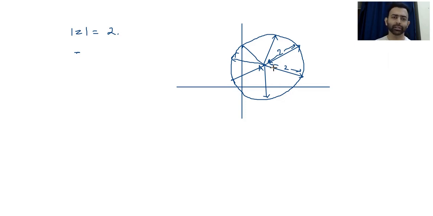But what about the center? The center is this point. Here this is not basically mod z equal to 2; I'm just showing you what we mean by equal to a constant. It is mod of z minus a, the magnitude, equal to 2, where now this a is the center of this circle.